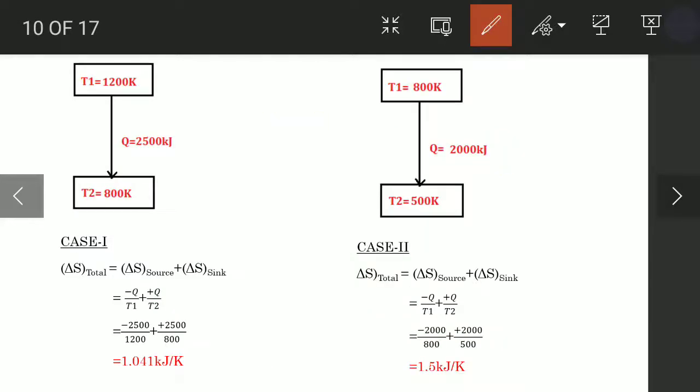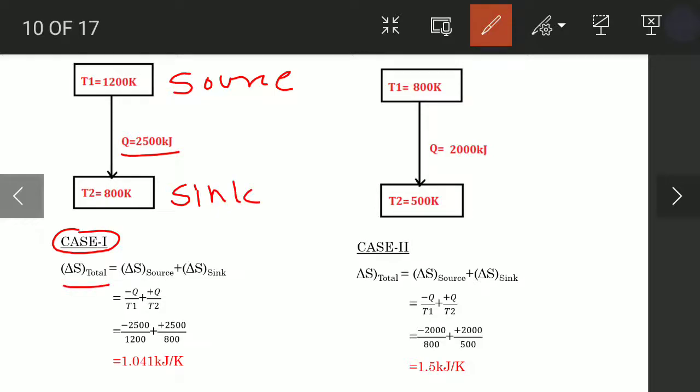Okay, this is case 1, in which the source, which is at 1200 Kelvin, loses 2500 kilojoule of heat to the sink at 400 Kelvin. Now the total change in entropy is the change in entropy of the source plus the change in entropy of the sink. As the source is rejecting heat, it is a minus.